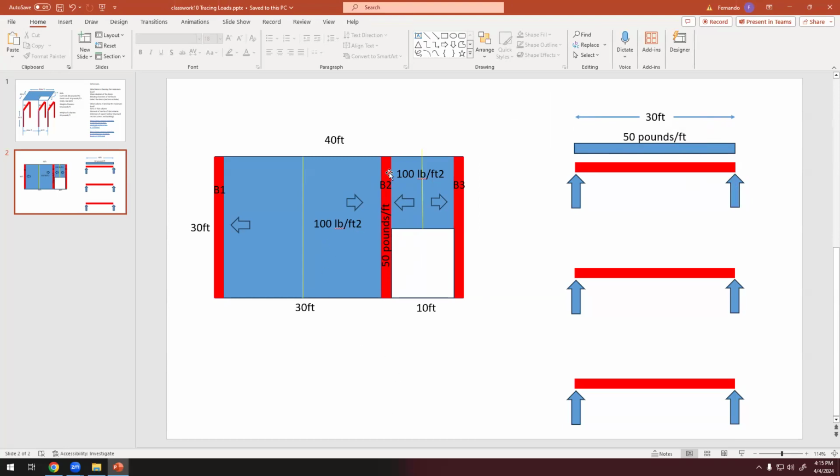And then what is the uniformly distributed load of this half? 50 pounds per foot squared. 50. Why? Since that'd be half the actual slab. Yeah, it's half, but the weight of that slab is 100 pounds per square foot. So I have half the slab, but I have to turn pound per square foot into pounds per foot.